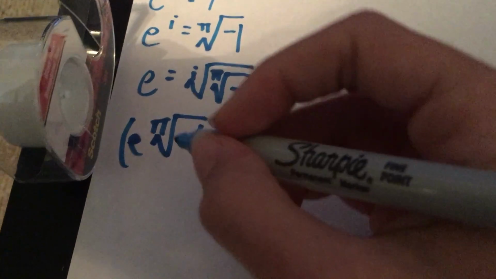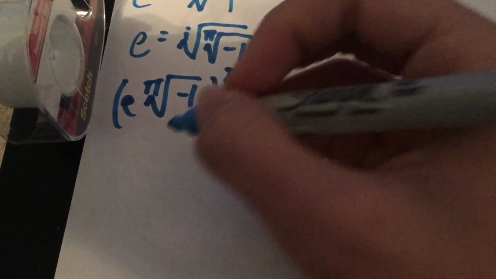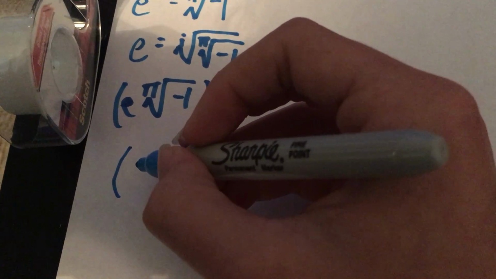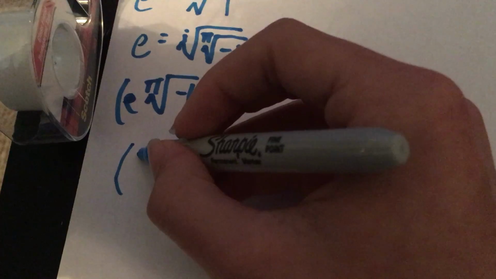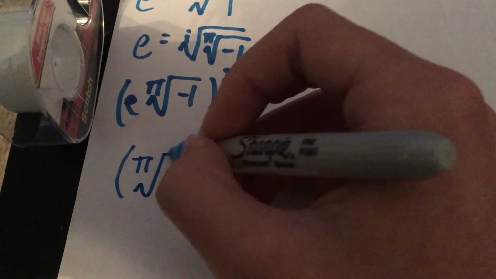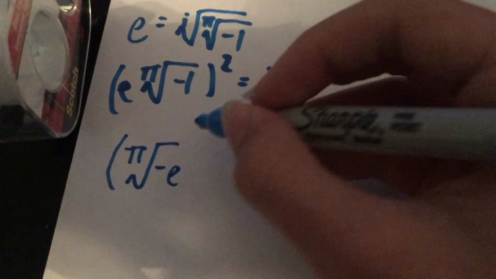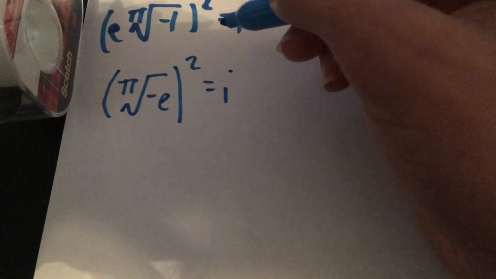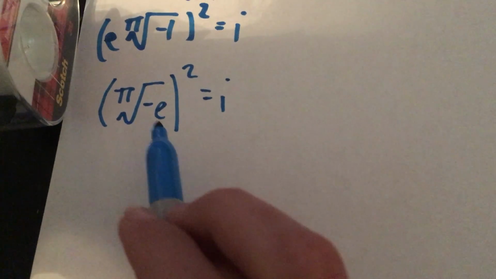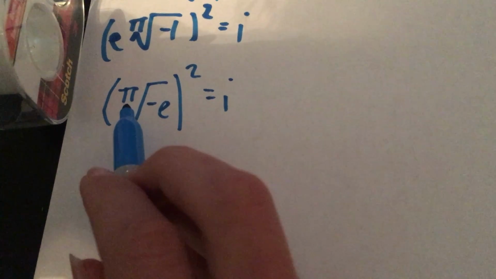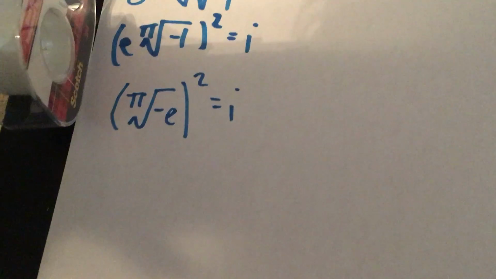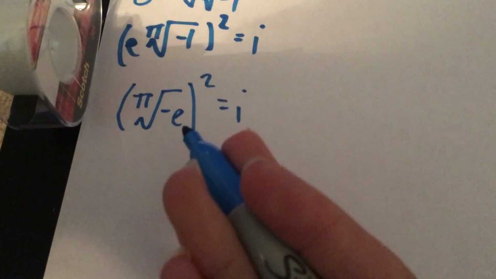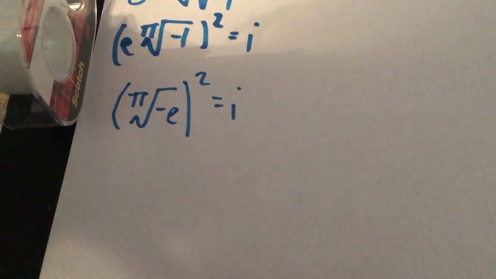Okay, so I think we could just write that down as the pi-th root of -e squared equals i. Now, look, i and pi aren't imaginary numbers. But honestly, how do you figure out what the pi-th root of -e is?